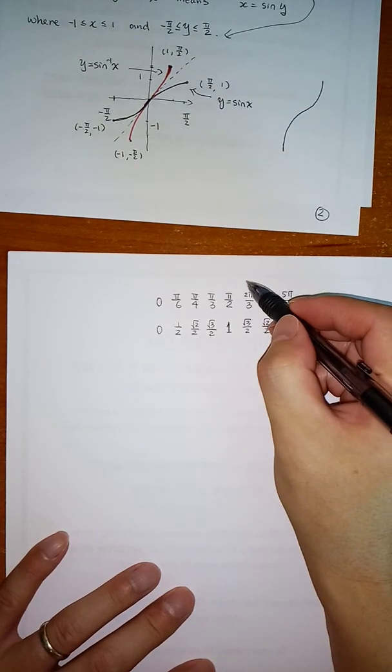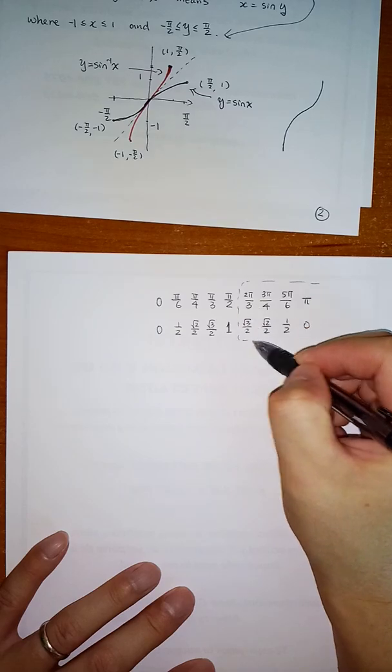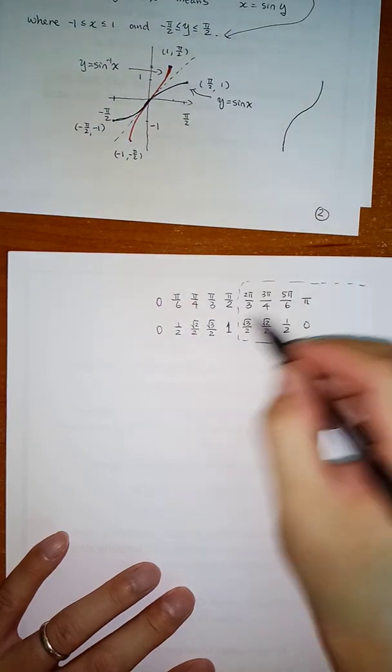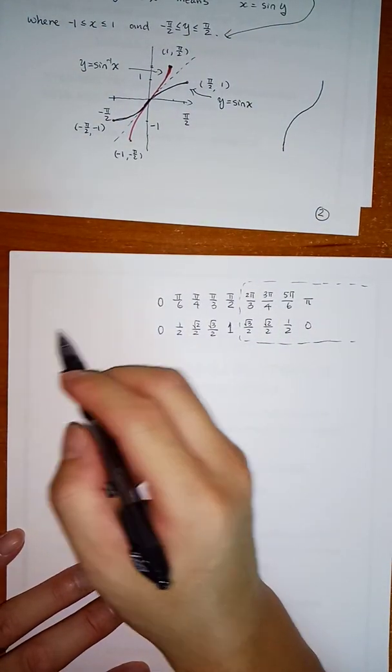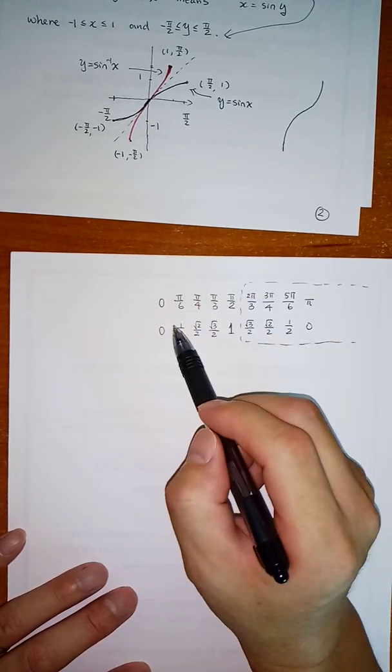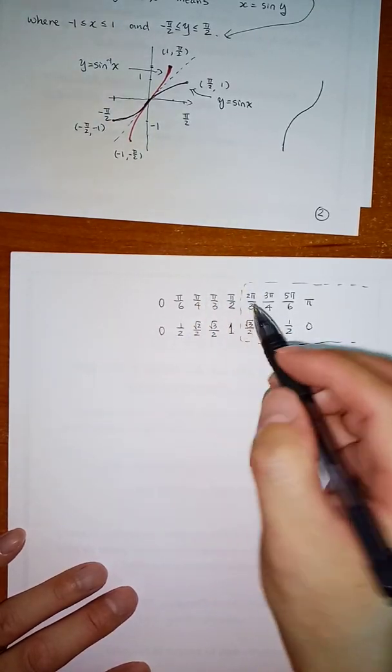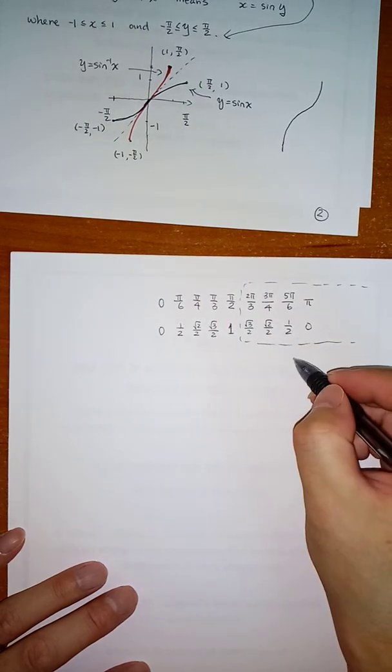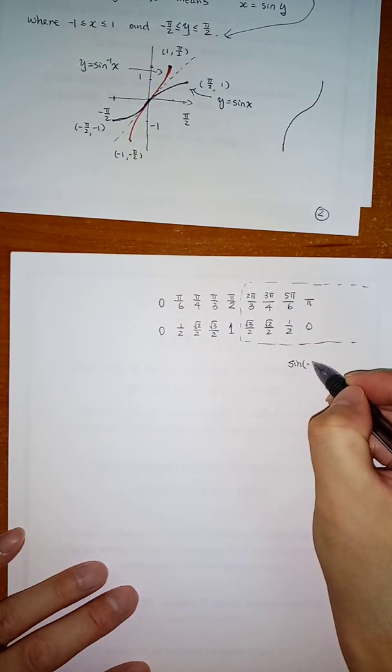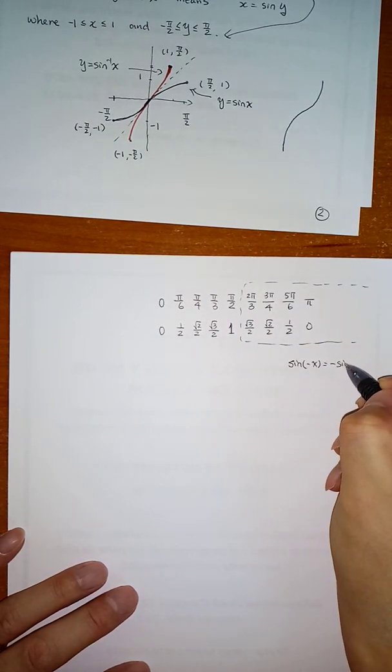So today we don't need this part because they are not in the domain. We need the left part. Our domain of sine is negative pi over 2 to positive pi over 2. Sine is an odd function. Remember, sine of negative x is negative sine of x.